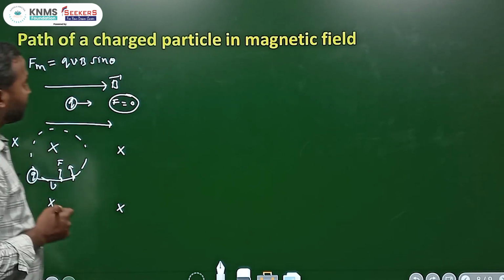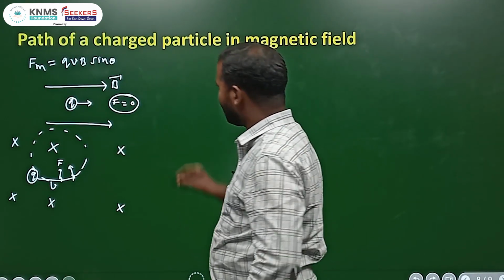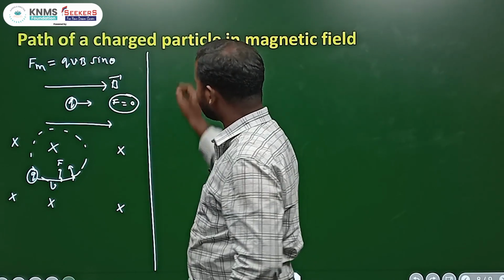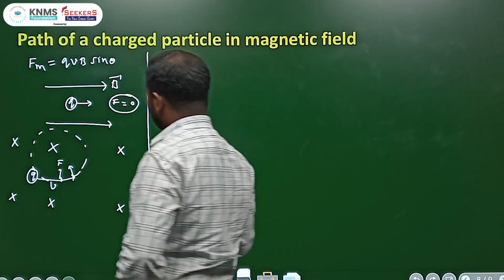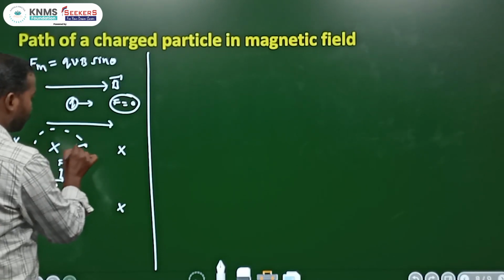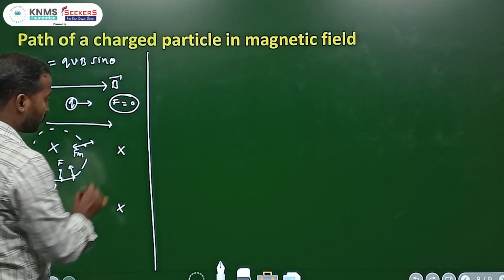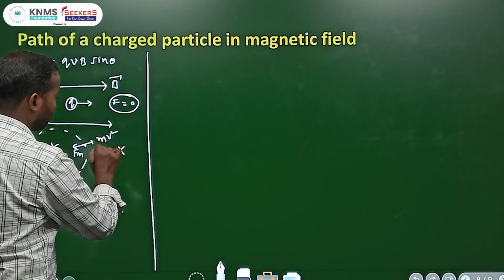So the path of a charged particle moving perpendicular to the magnetic field is a circular path. Now what is the radius? The charged particle q experiences one force, the magnetic force qvB, and the other is the centripetal force mv square by r.